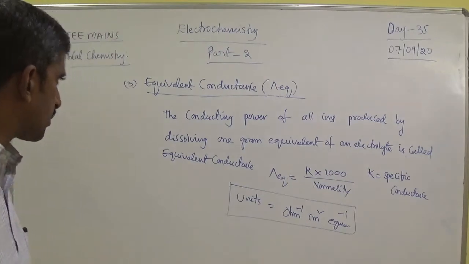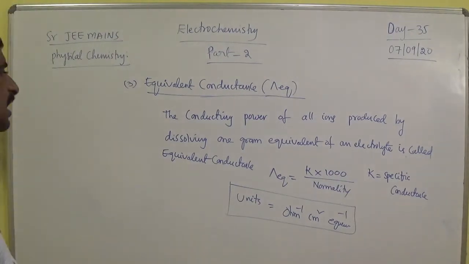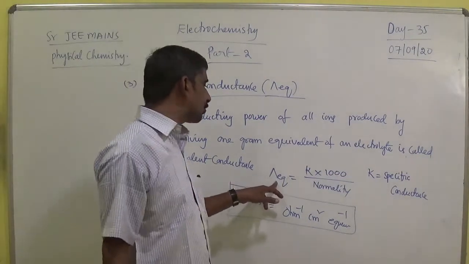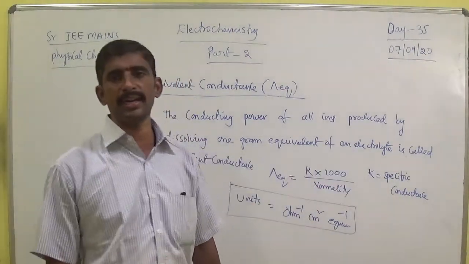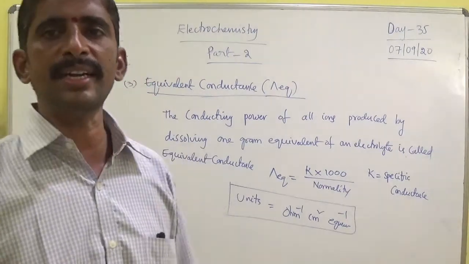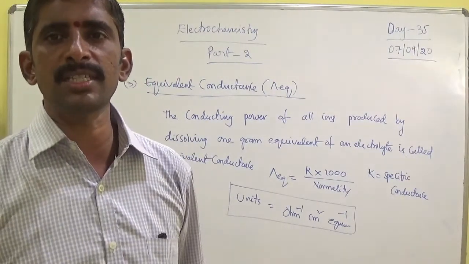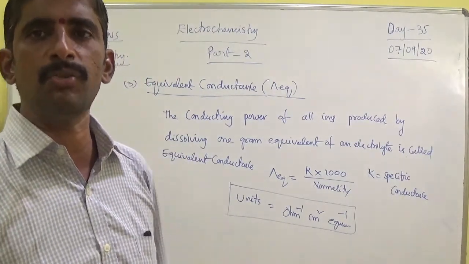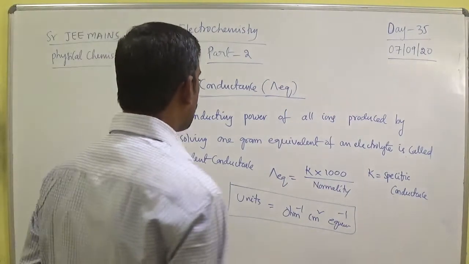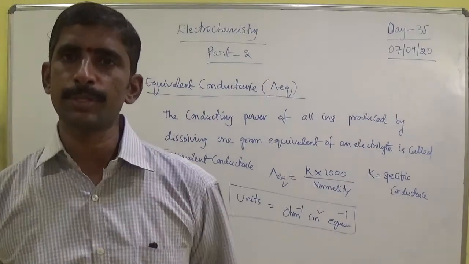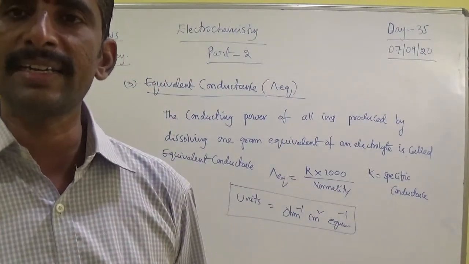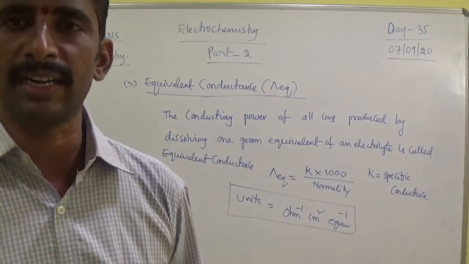It is denoted by capital lambda EQ, equal to K into 1000 by normality, where K is the specific conductance. So these are 3 types of conductance: specific conductance, molar conductance, and equivalent conductance.